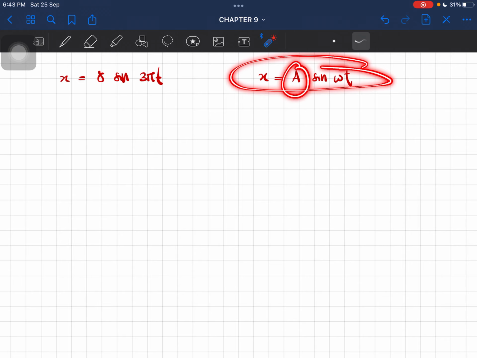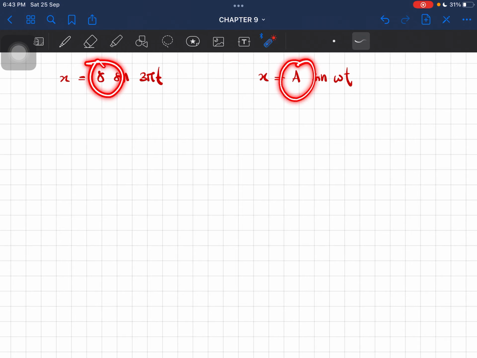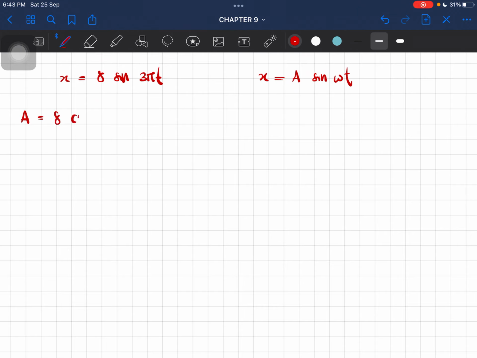A, based on this, is 8. So the amplitude A is 8. X is in centimeters, so centimeters. And then we have omega, which is equal to 3 pi radians per second. Okay, so we have the information.